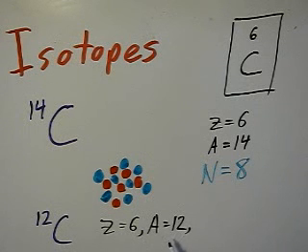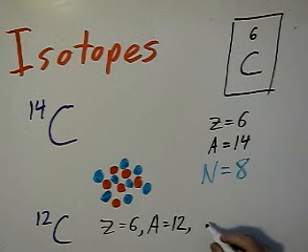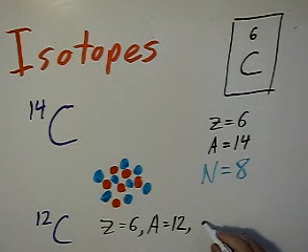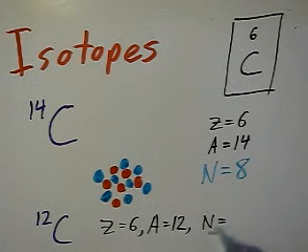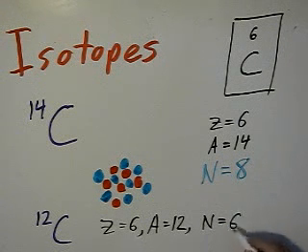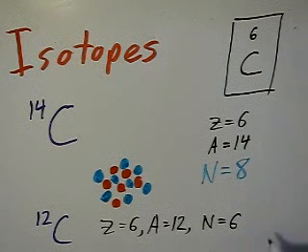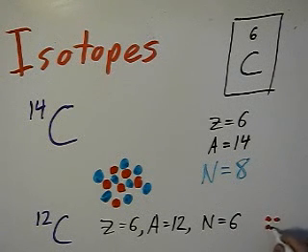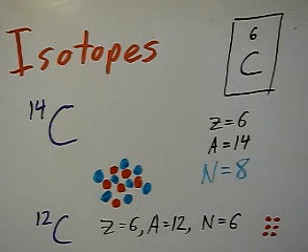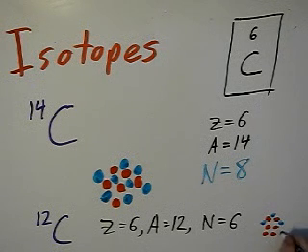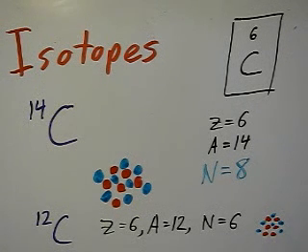Z equals 6, A equals 12, and so then N would be equal to 12 minus 6, which is 6. And our carbon-12 nucleus would look like 1, 2, 3, 4, 5, 6, 7, 8, 9, 10, 11, 12. Okay.